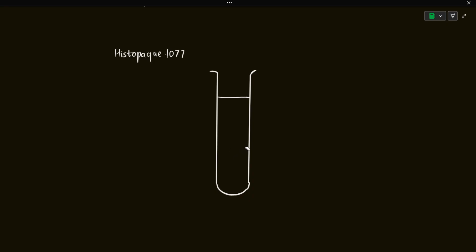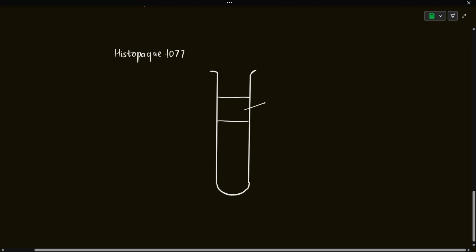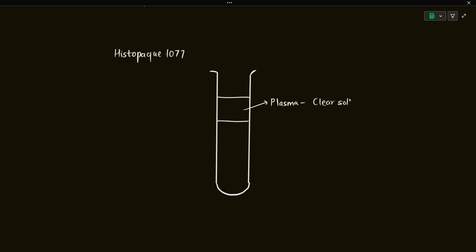The very first, the lightest phase with least density, will be the plasma. It will be a little bit fuzzy, translucent kind of solution, that will be the blood plasma. Then there will be a single layer of cells between the blood plasma and the histopaque layer, which is below it.